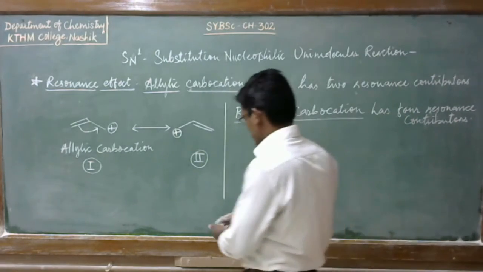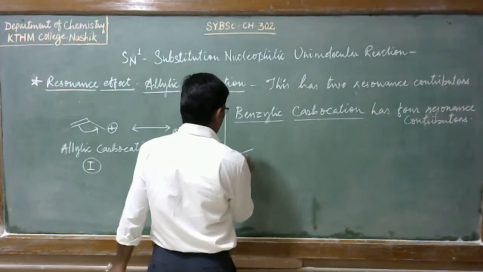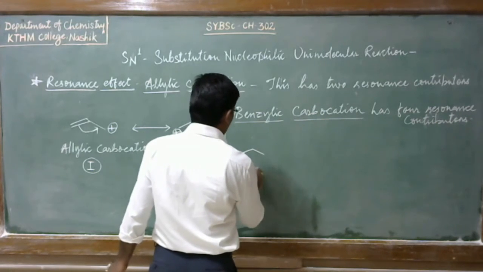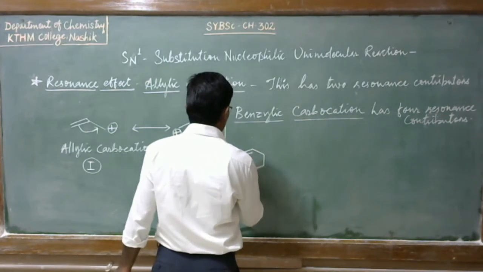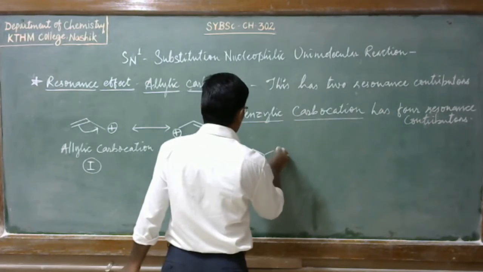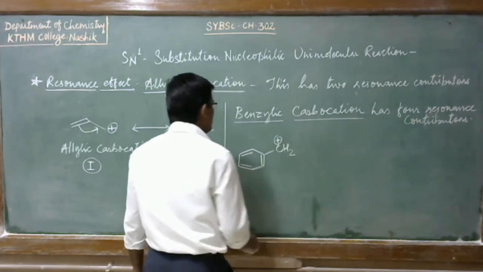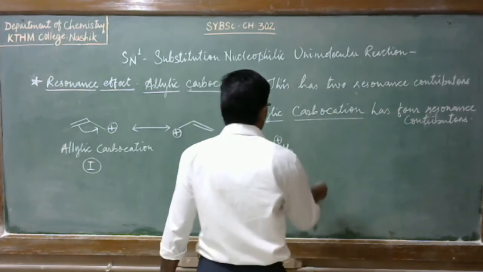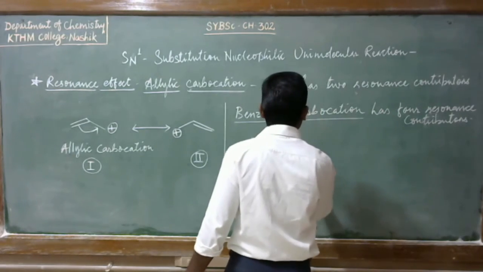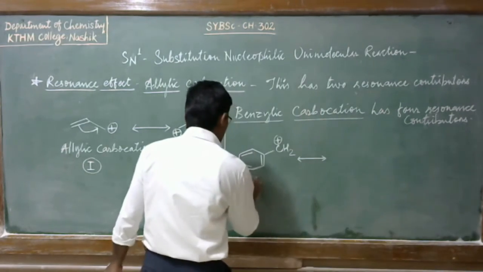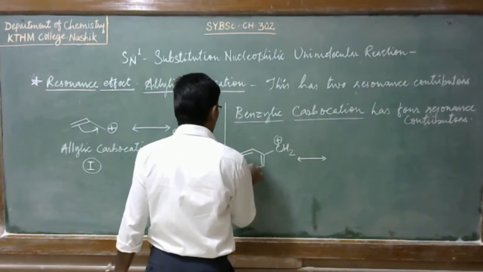For example, suppose this is benzyl cation, alright. So we could have, this is structure 1.